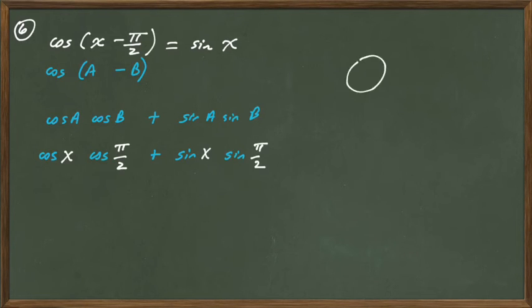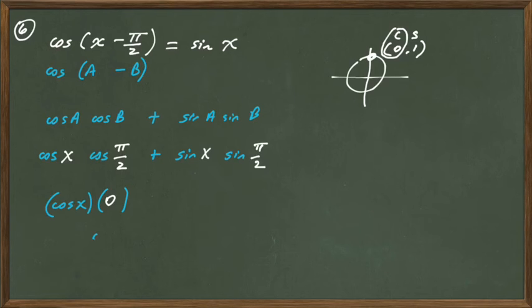When you looked at pi over 2 on the unit circle, its coordinates are 0, 1, cosine, sine. So what's the cosine of pi over 2? So you have cosine of x times 0, which is 0. Anything times 0 is 0.